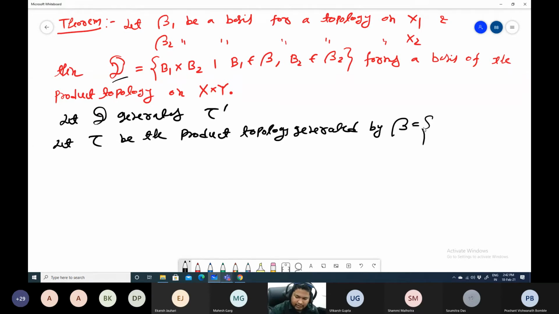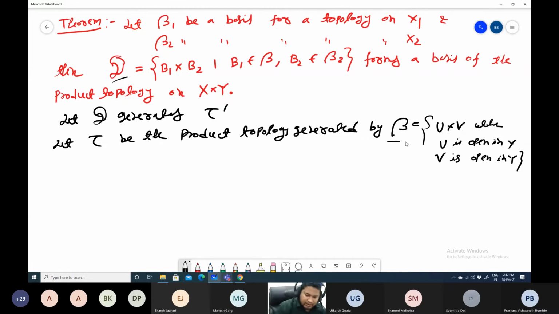What was the beta? It was U cross V, where U is open in X and V is open in Y. Okay, so you need to compare these. Tau dash is generated by this, tau is generated by this basis, and you have to show that tau and tau dash are equal.